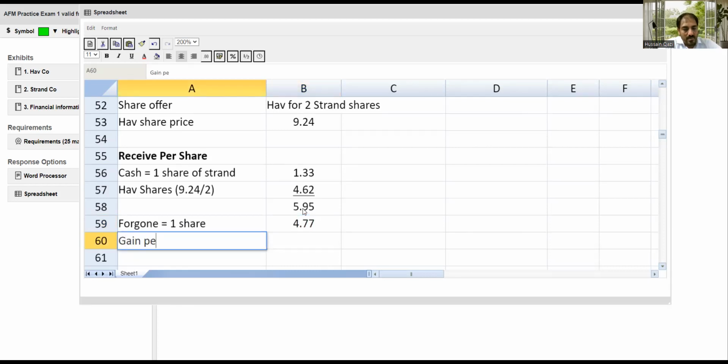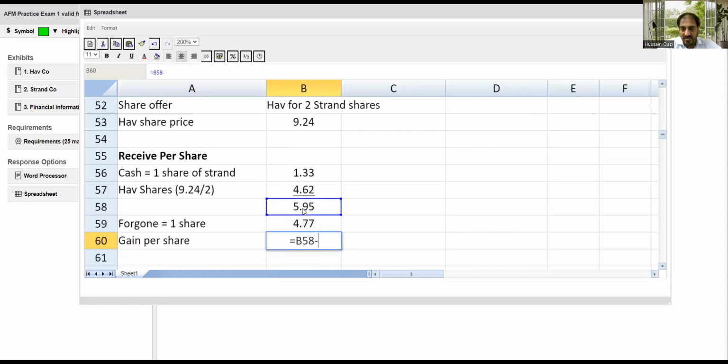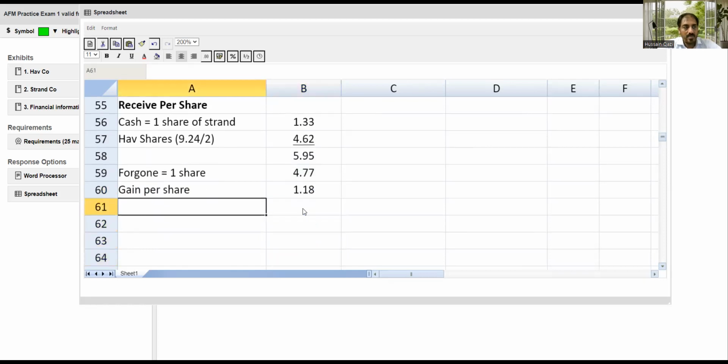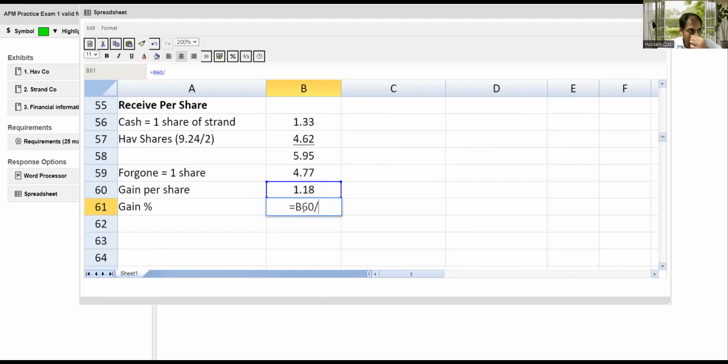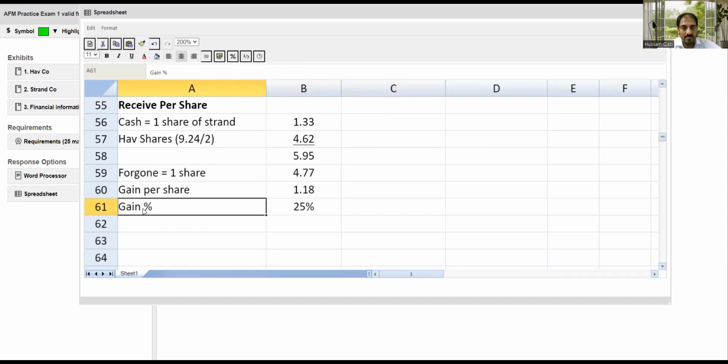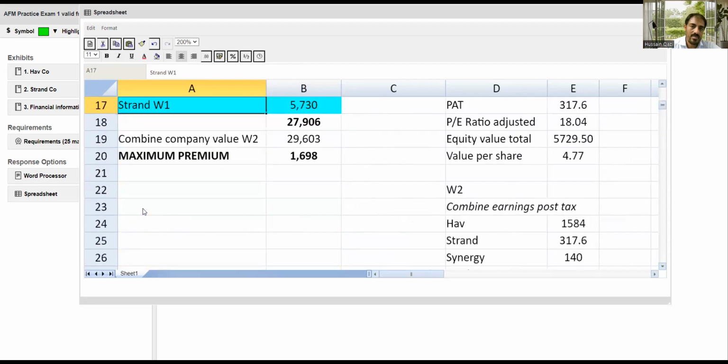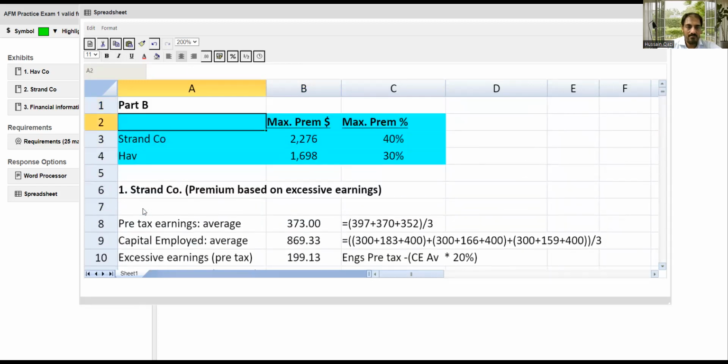So gain per share is equal to 5.95 minus this, and gain percentage is equal to 1.18 divided by 4.77, and this is about 25%.